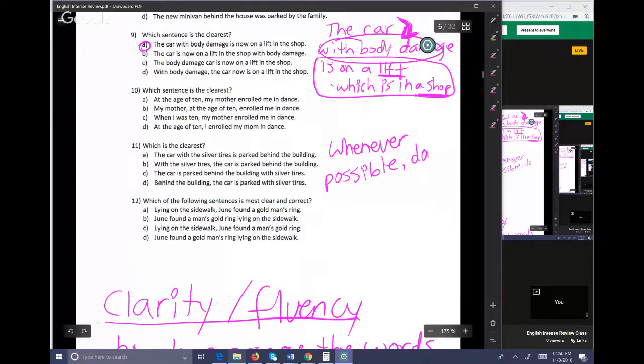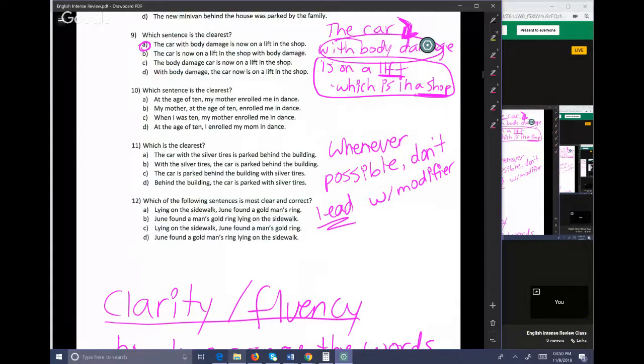So whenever possible, don't lead with a modifier for obvious reasons, right? A modifier is supposed to be a descriptor that goes with something. Leading with the description is not the ideal way to describe something. It's ideal to give what we're describing, then the description. That is a lot more clear. So whenever possible, don't lead with a modifier.